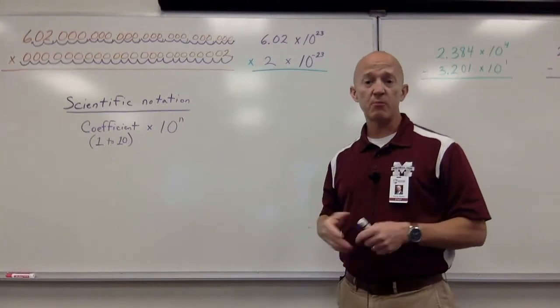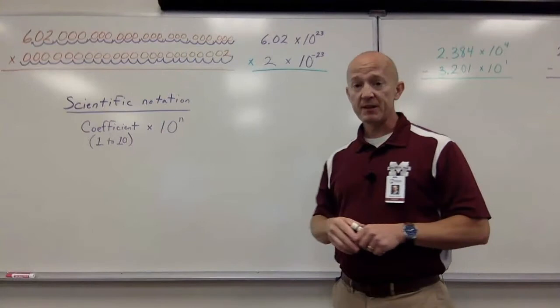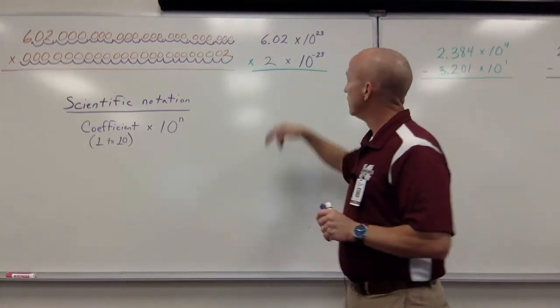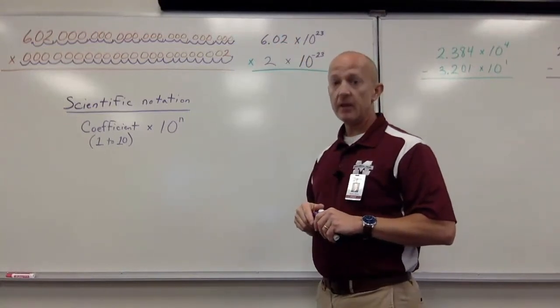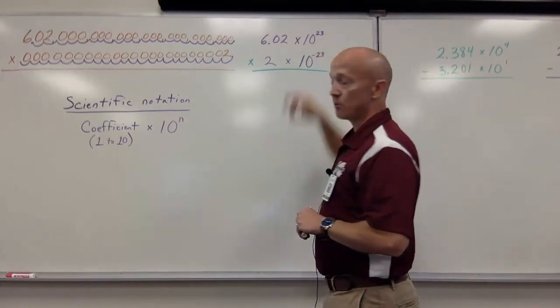Hey, we'll just use the problem we started with for our multiplication problem, okay? For multiplication, it's actually a little easier because all you do is you multiply your coefficients together and then you add your exponents together.